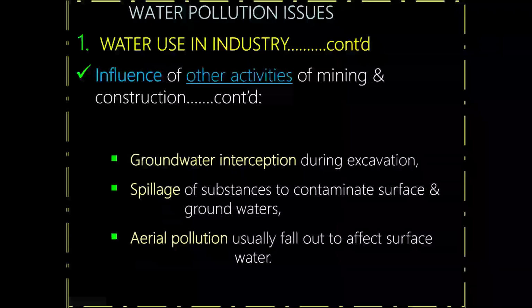We have spillage. And this spillage refers to the accidental leak of industrial fluids. Maybe you have chemicals that are supposed to be used for processing, for leaching, or for taking out the mineral of interest. And accidentally, it spills.